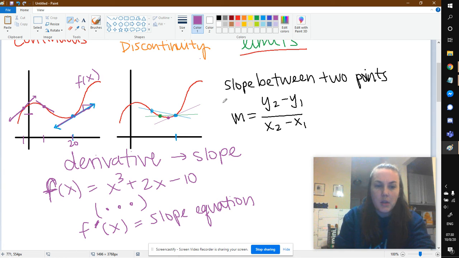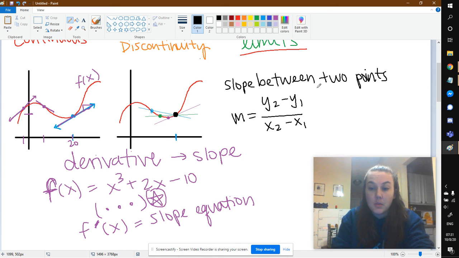The reason we have limits coming into this, in order to develop this not so magical, but feels kind of magical derivative, what we do is we're just going to take 2 points that are close to the one we want.